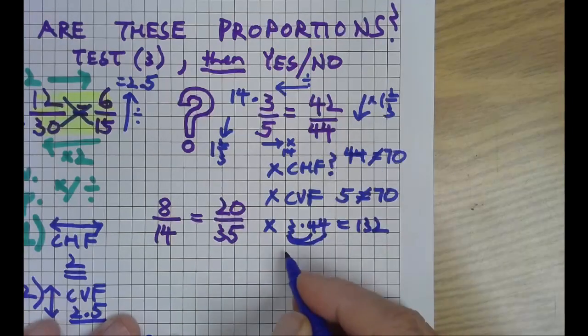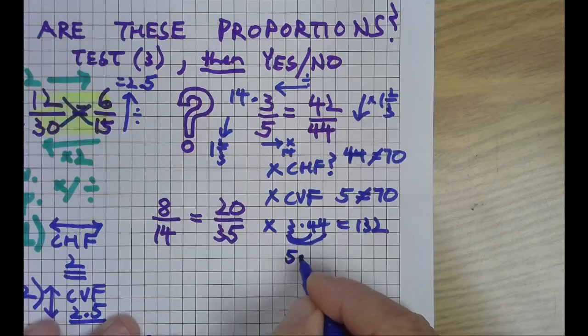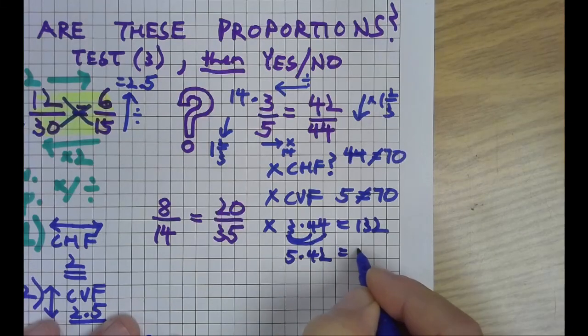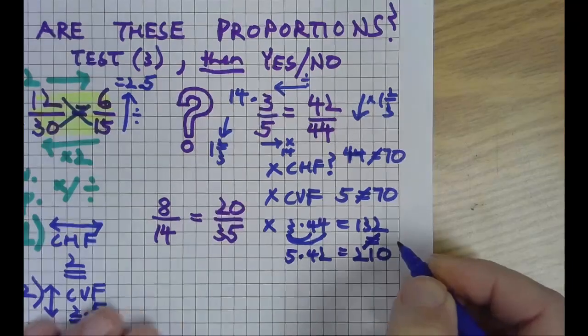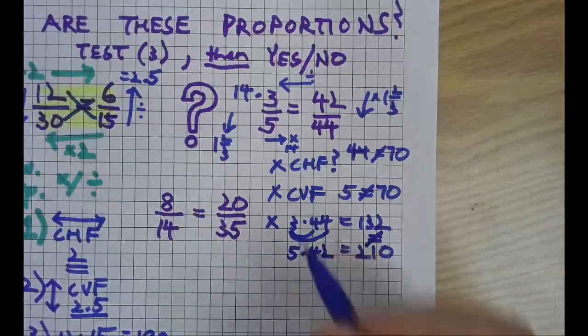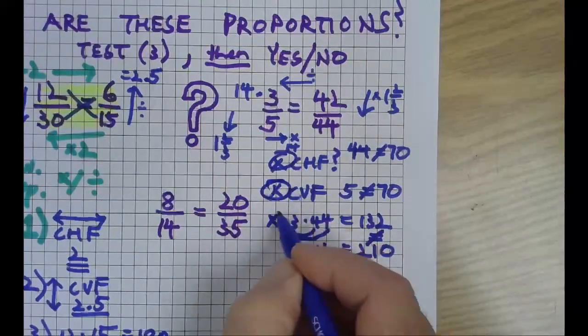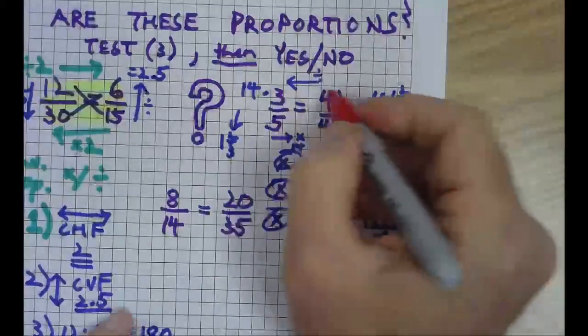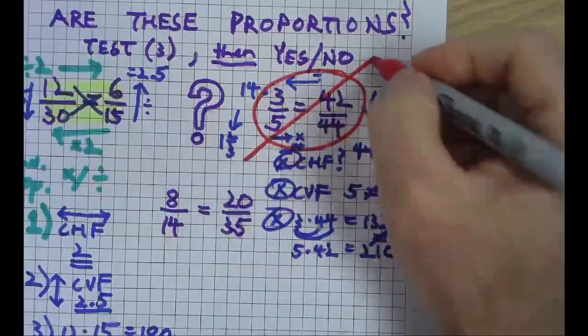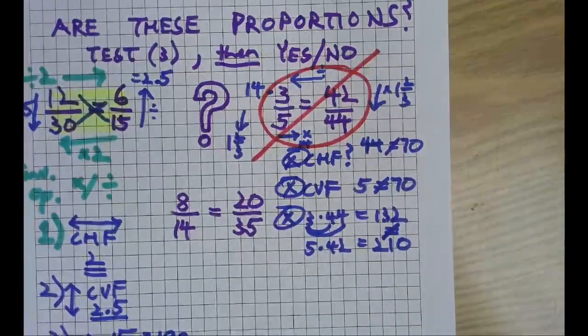And then we're going to go 5 times 42, which is 210. Those are not equal. So no, no, no. I'm going to use my red Sharpie. No, that is not a proportion.